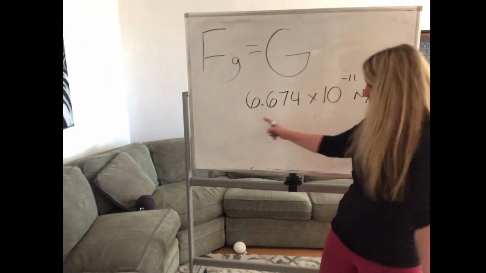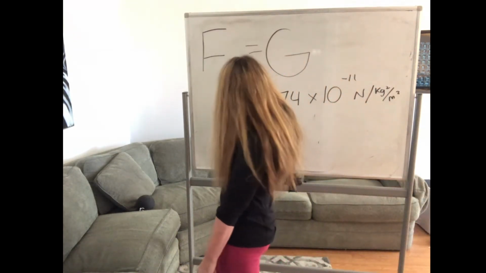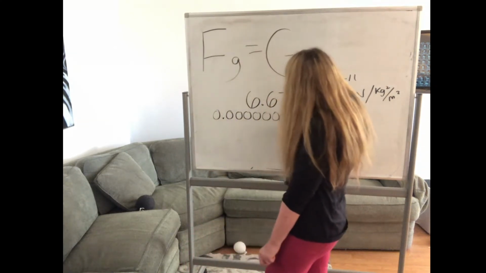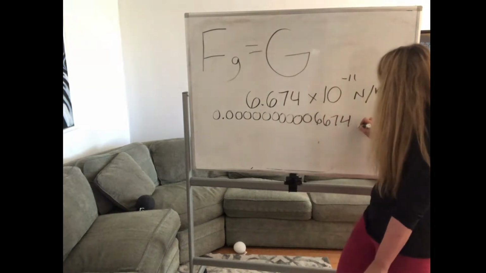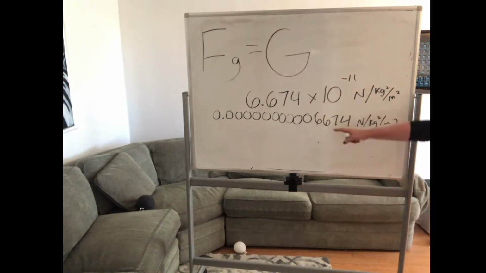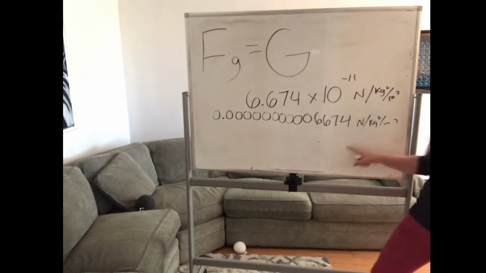So let's see this. 0. So this is actually what the number looks like if we write it out. Lots of zeros, actually 10 zeros.